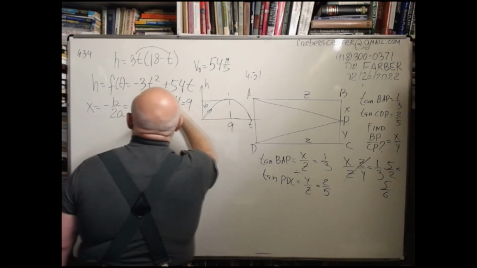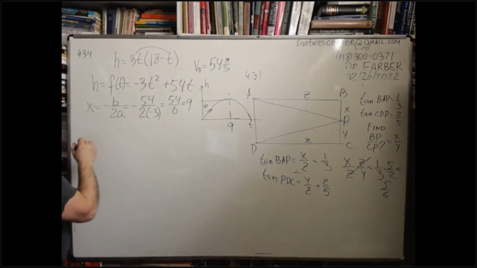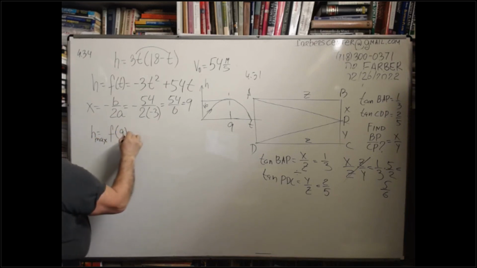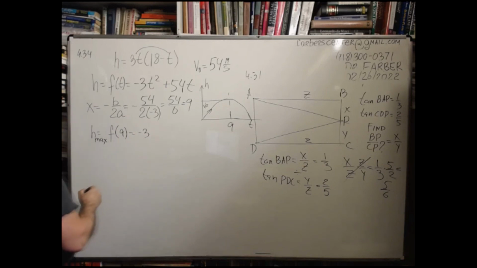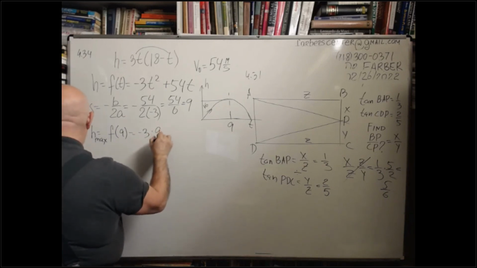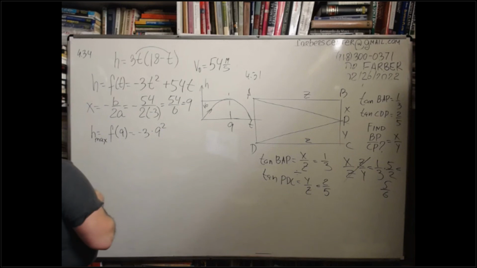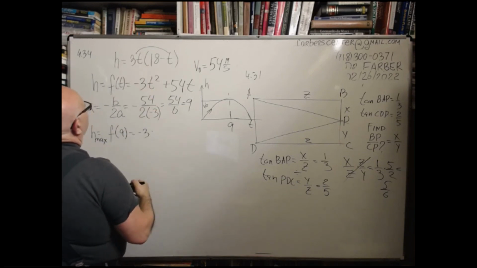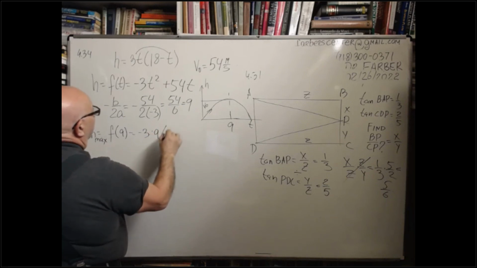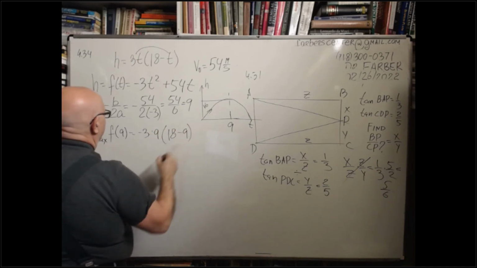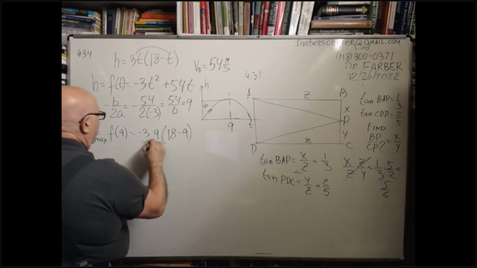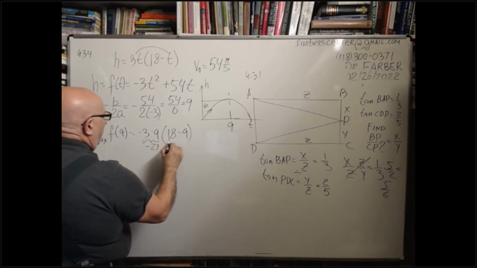I plug into my function h max equals f of 9 equals negative 3 times 9 squared. Or you can plug into this one, it's even faster. 3 times 9, 18 minus 9. And what we have, 27 times 9.